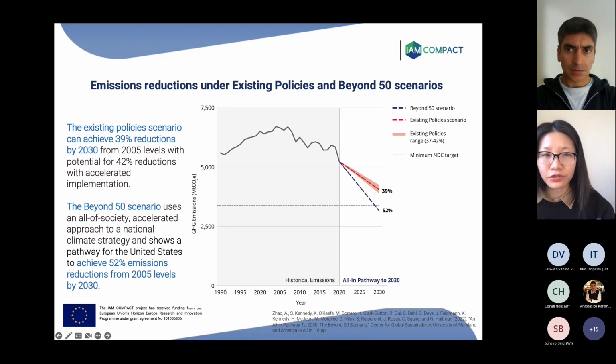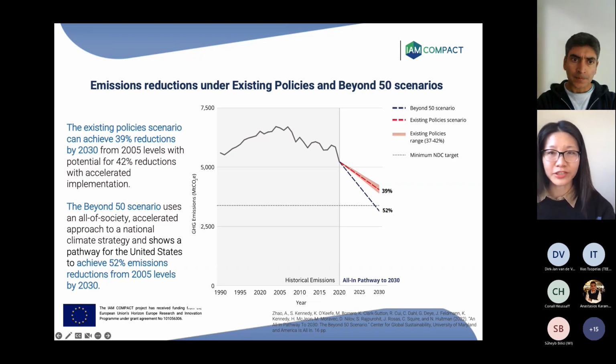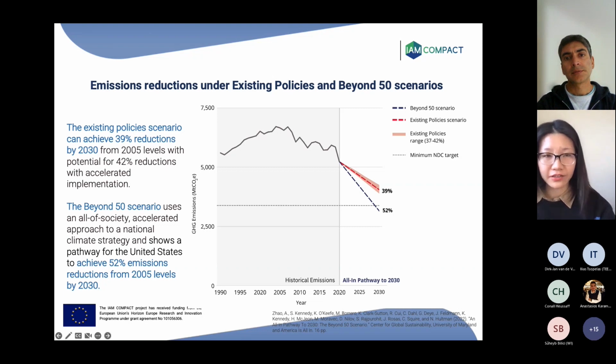To get to 52%, which is our second scenario, we call it the beyond 50 scenario, which just means you achieve more than 50% reduction. That will require all the actors across different parts of society to continue not only with the existing policy, but to continue to enhance ambition using all the policy levers available across sectors to be able to achieve the 52%, as stated in the NDC target.